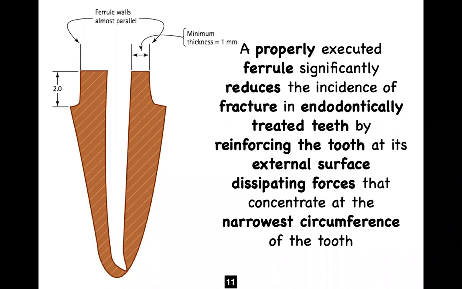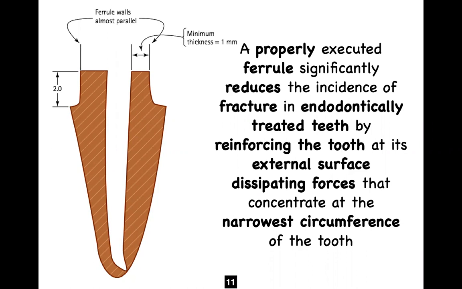Now, just listen to this, you don't have to write it. A properly executed ferrule significantly reduces the incidence of fracture in endodontically treated teeth by reinforcing the tooth at its external surface, dissipating forces that concentrate at the narrowest circumference of the tooth. Now, this ferrule has a function.